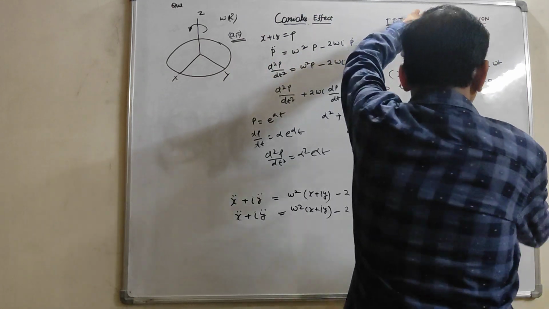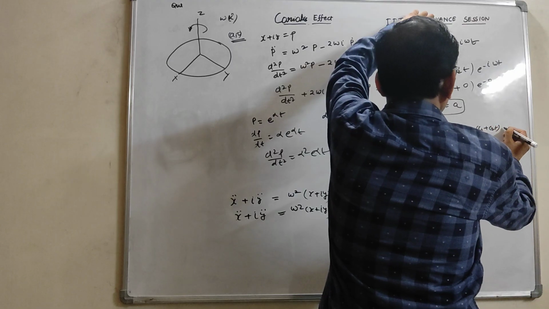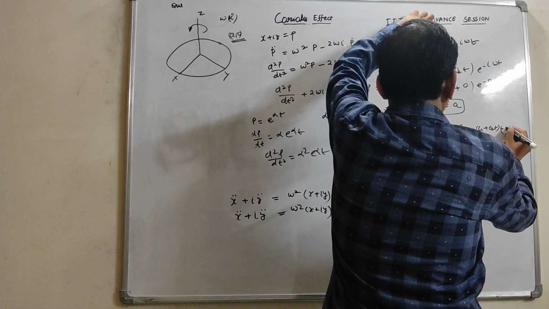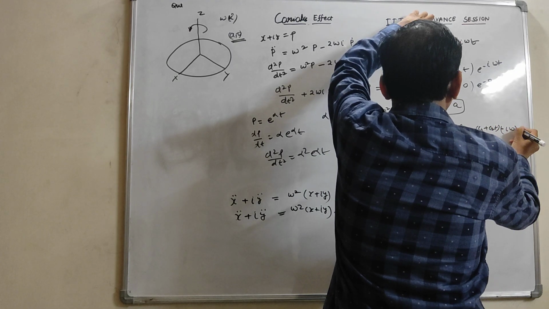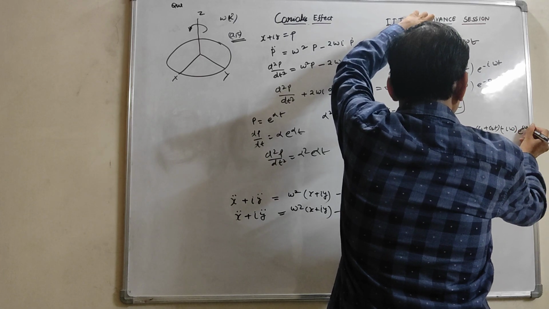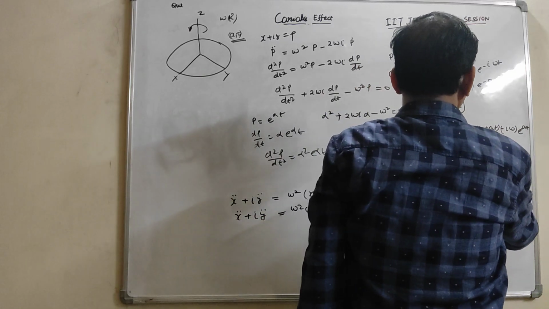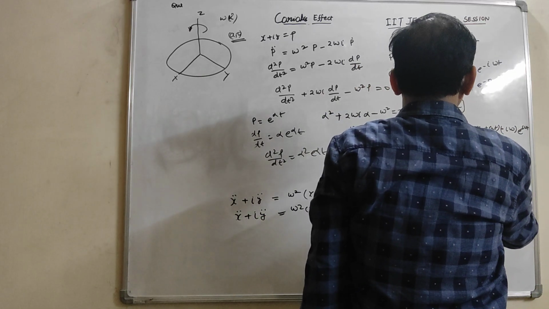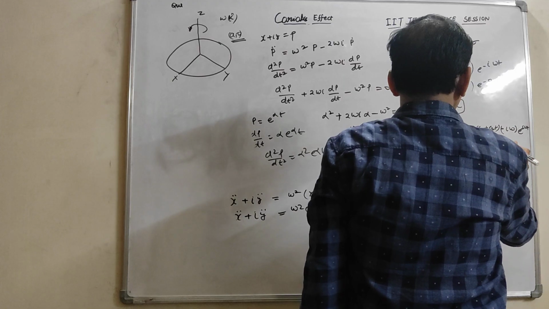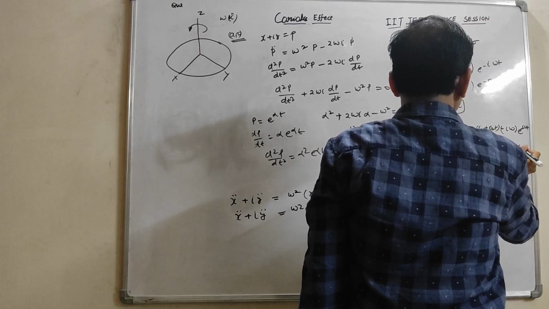This is the first function, c1 plus c2 t, into minus iota omega e raised to power minus iota omega t, plus e raised to power minus iota omega t into the differentiation of c1 plus c2 t, which is c2.